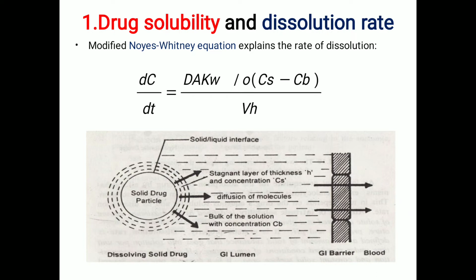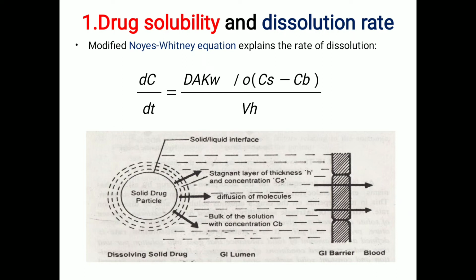The next factor is Vh, the thickness of the stagnant layer. The more the thickness, the lesser the diffusion, and that's why less is the drug dissolution, and this can be overcome by increasing the agitation. So these factors, according to the modified Noyes and Whitney equation, explain the process of dissolution.